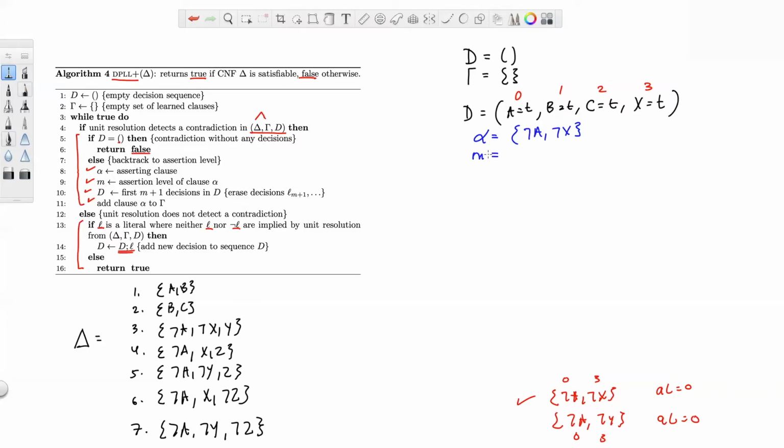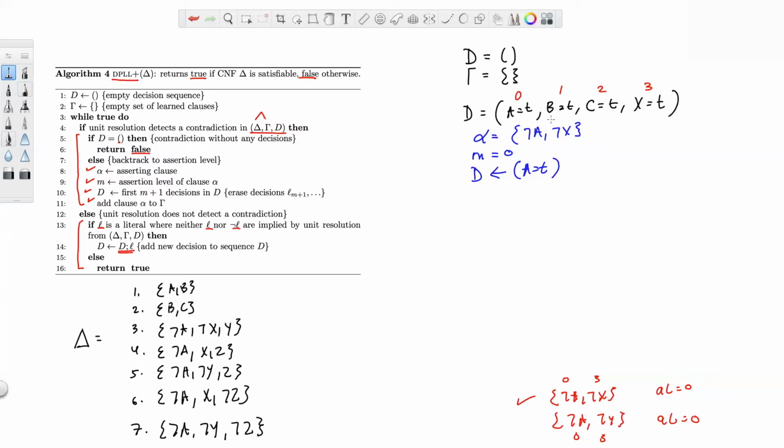In this case, 0, right? Then after that, D should be modified. It should be the first m plus 1 decisions in D. So m is 0, so the first decision in D, that is basically A equals true. What does that mean? I'm erasing these decisions. So I'm really backtracking all the way to level 0, right?